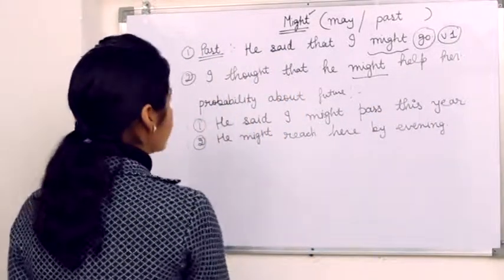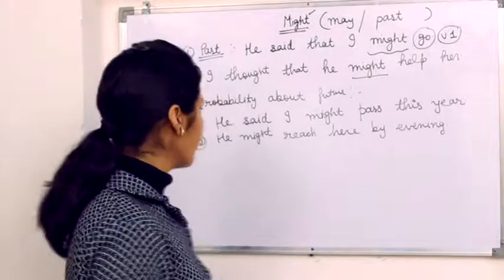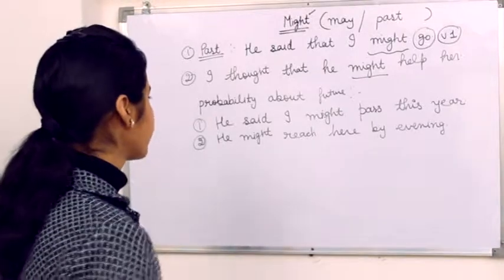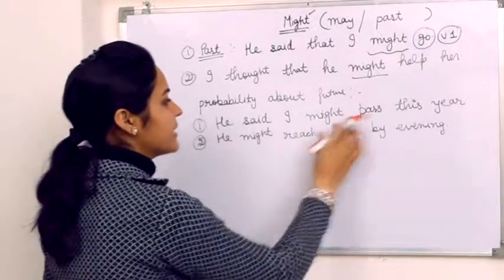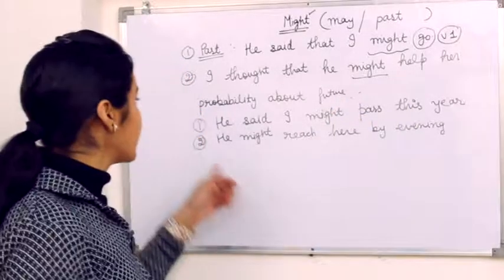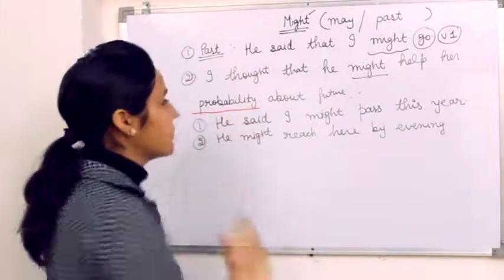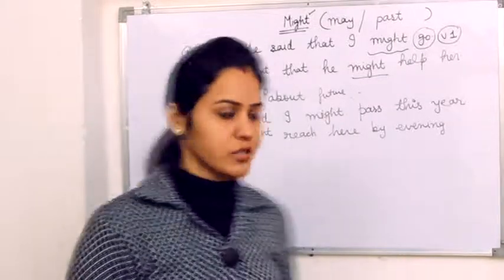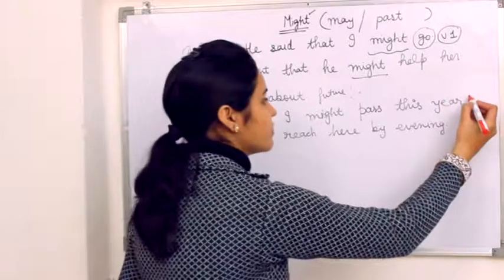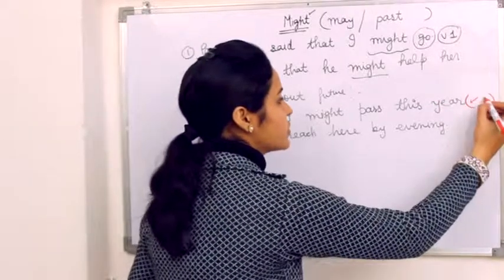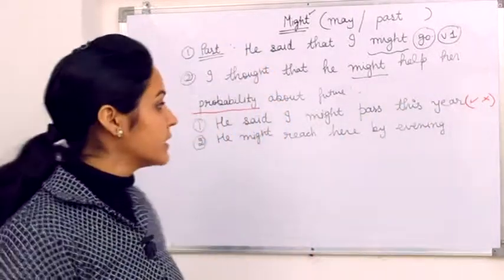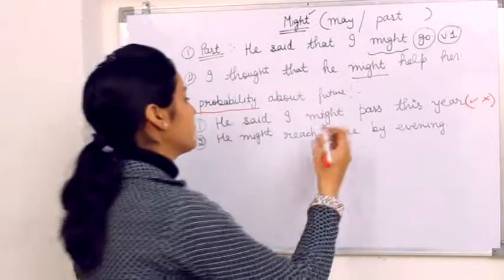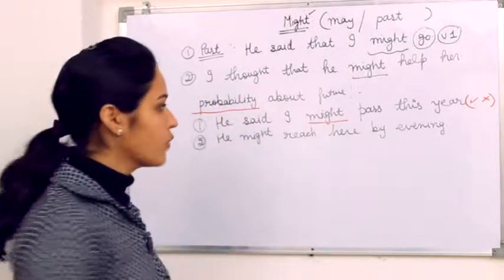If we talk about probability about future, have a look at this. He said I might pass this year. So this is related to probability, means we have to look into this matter, that he might pass or not. There are only two conditions about it, true or false, means this is not clear to us. So in this situation we use might with V1.